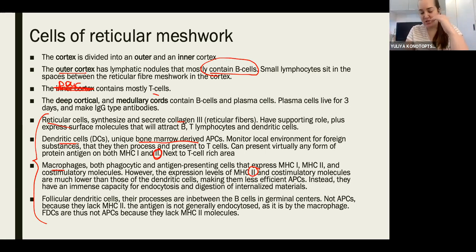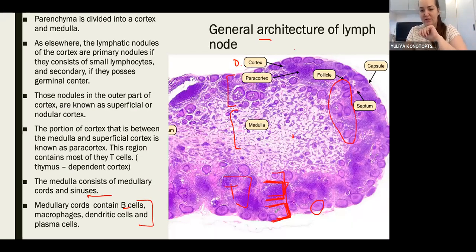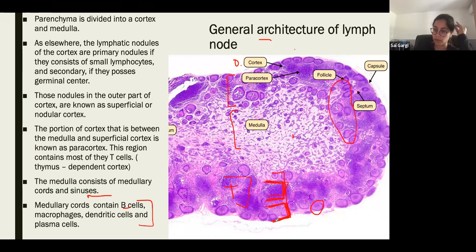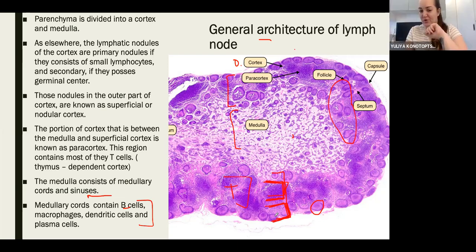You have said that dendritic cell is the antigen presenting cell, right? So in which area of the lymph node will it be? Cortex. Outer cortex. Okay. So in the outer cortex, we have B lymphocytes. In the paracortex, we have T lymphocytes dominant.